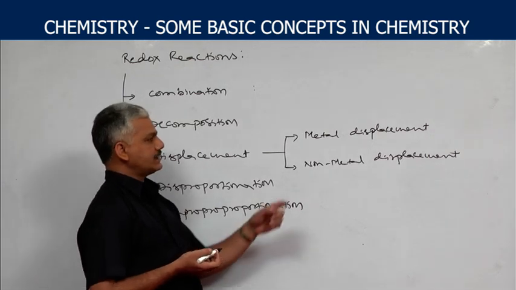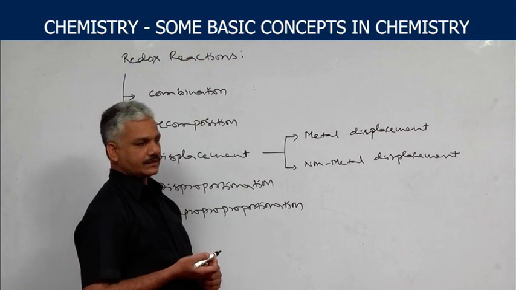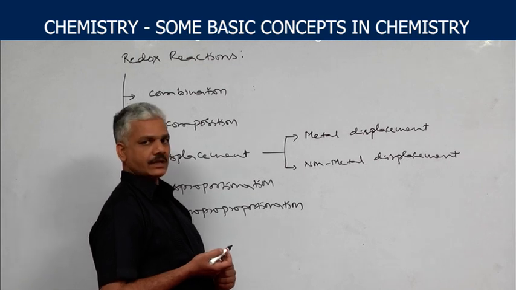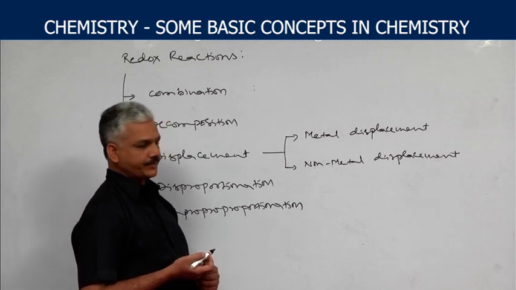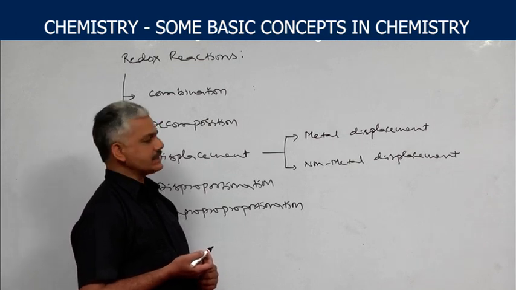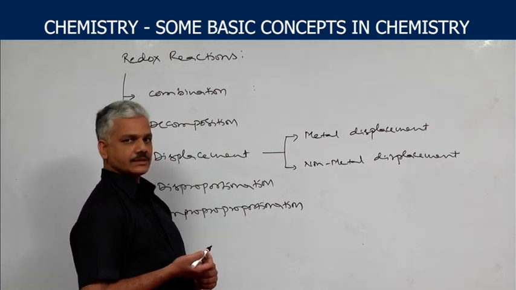The general principle is that a metal with a high electropositive character can displace another metal with a low electropositive character from its compound. When it comes to non-metals, a more electronegative element can displace a less electronegative element from its compound.